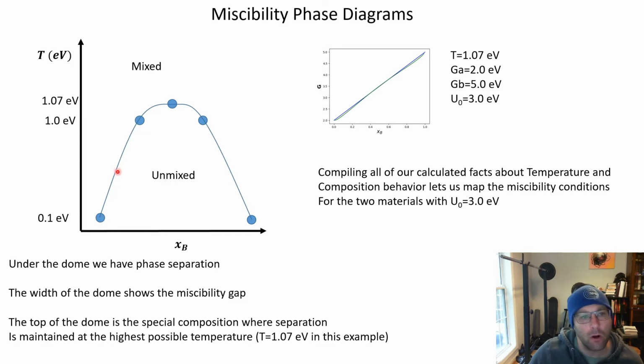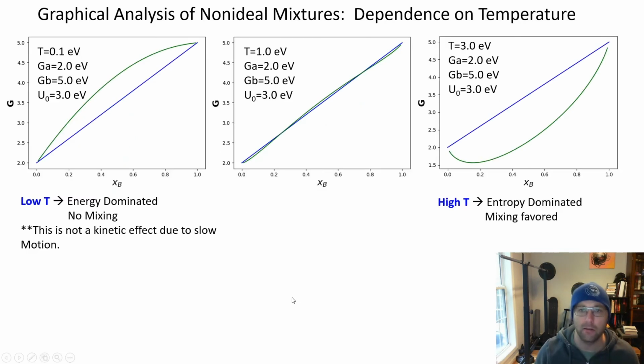So in our model, we're always going to get a phase diagram that looks like this volcano-shaped curve, where under the dome is unmixed, outside of the dome is mixed. And so this region under the dome of compositions where mixing is not favorable is often called the miscibility gap. I think I said that on the last slide.